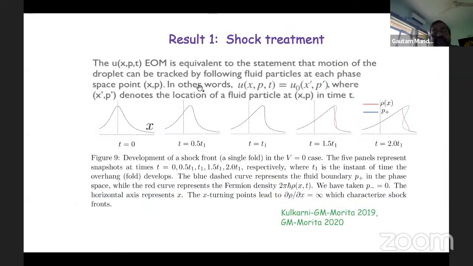So this is the technique that we use to be able to go beyond these shock formations, and we find that we are able to go beyond that time, for all times.